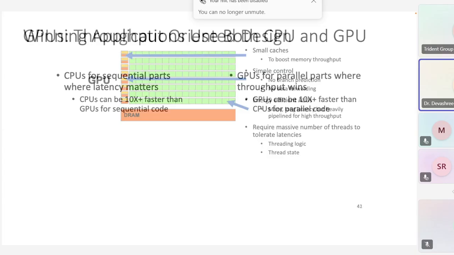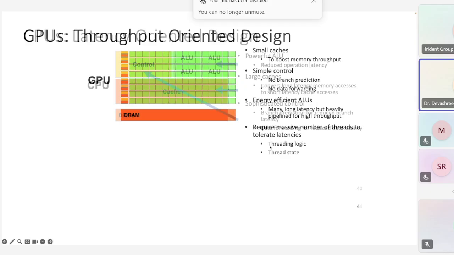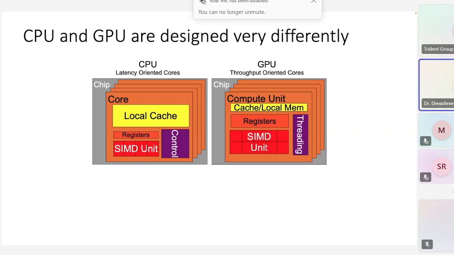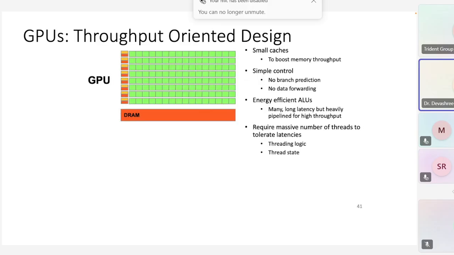Lastly, there are lots of parallel threads running and using all these cores, so there has to be a management mechanism for managing all those parallel cores. That is why, in the previous figure, we had this thread management logic, which helps manage the threads and the thread states.